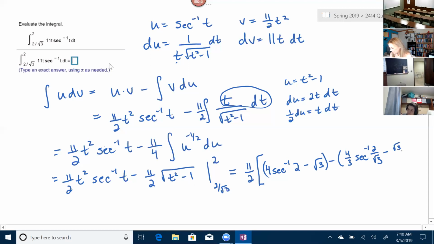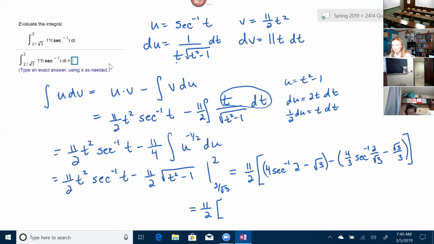Are you okay with that? Yes. Okay, now from here, we just have to figure out what the inverse secant of 2 is and what the inverse secant of 2 divided by the square root of 3 is. So the inverse secant of 2 means what angle gives me a secant ratio of 2.